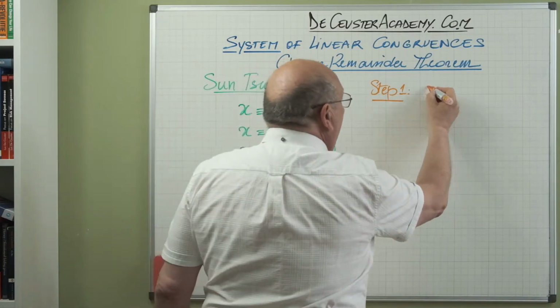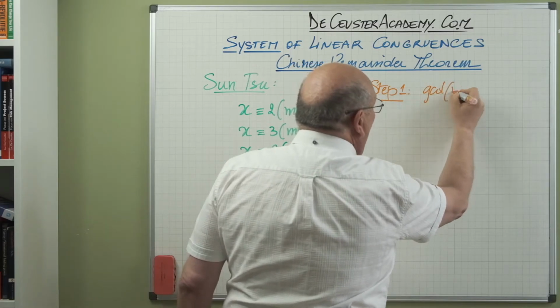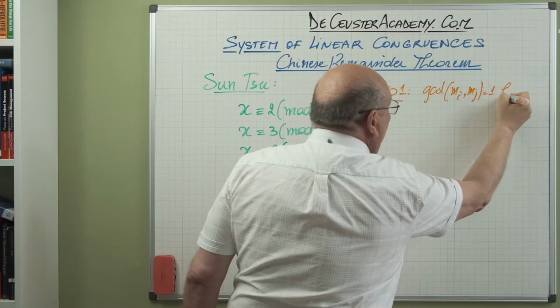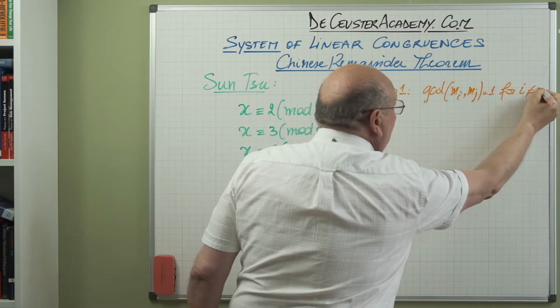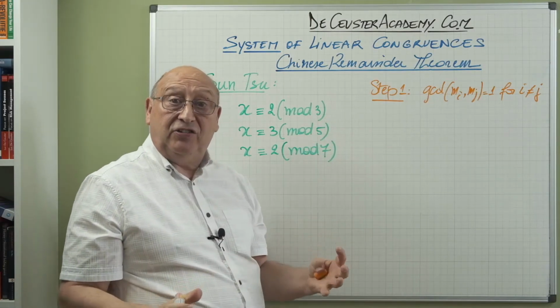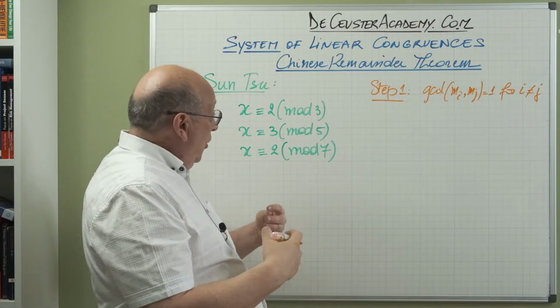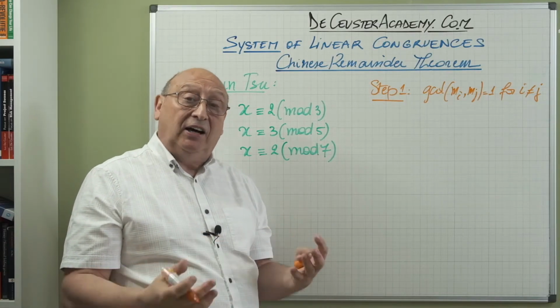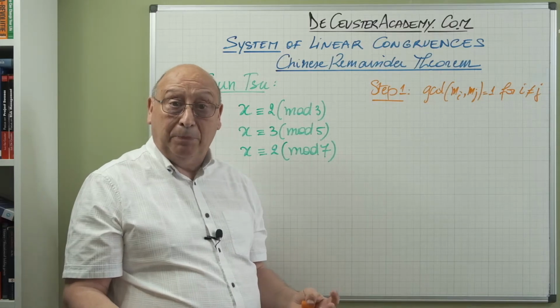So we have to verify that the GCD of mi, mj is 1 for i not equal to j. When we look at all these 3 numbers, in this case it's very easy to verify because 3, 5 and 7 are special numbers, they're prime numbers.